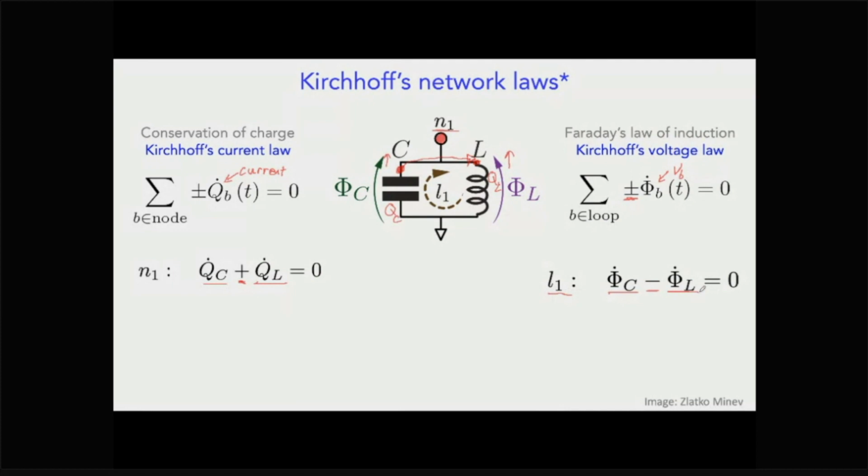And this is the formal construction which you can exploit to generalize to arbitrary circuits. But it says an incredibly simple thing at this stage, which is that the voltage across the capacitor is equal to the voltage across the inductor, right? Moving this phi over to the right-hand side. Very surprising.